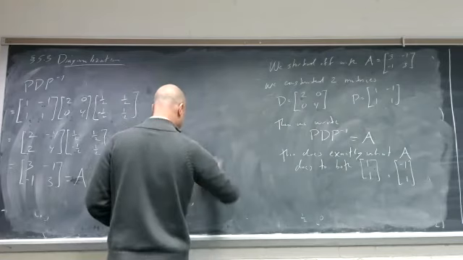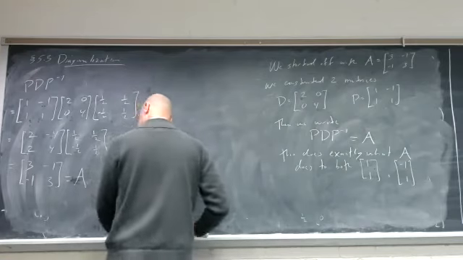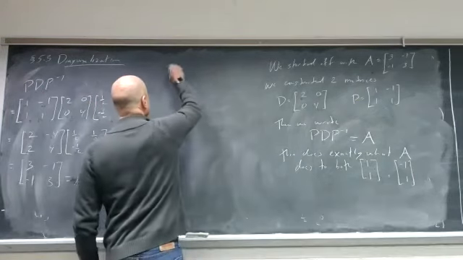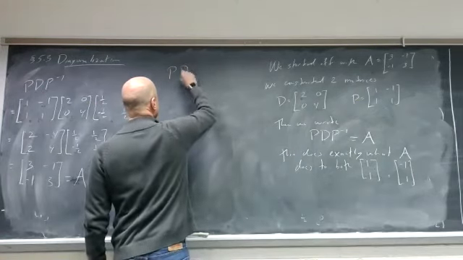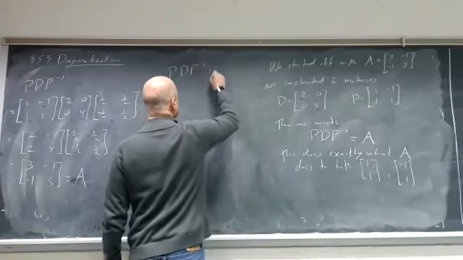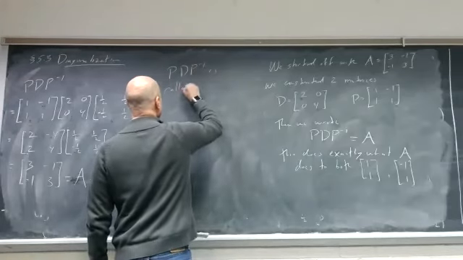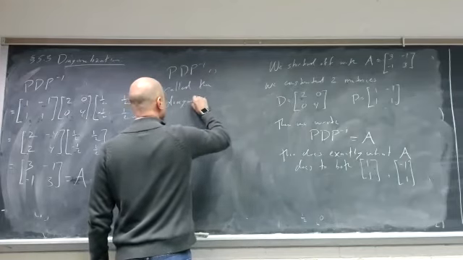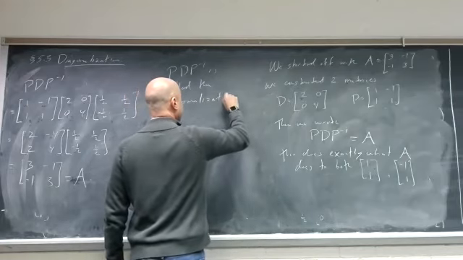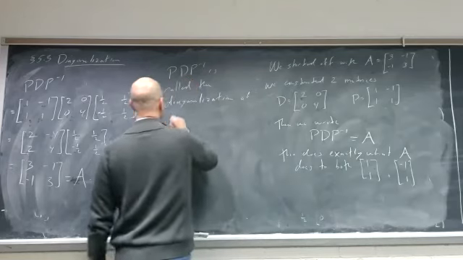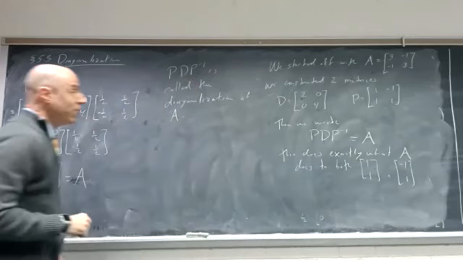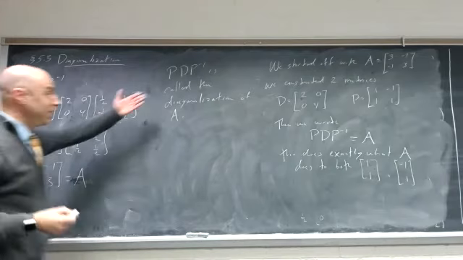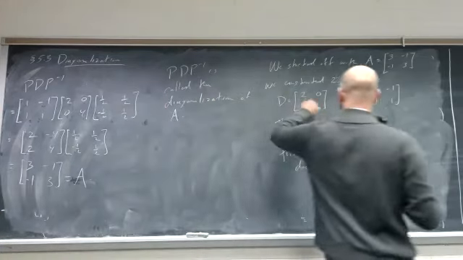PDP inverse is called the diagonalization of A. And you can read the eigenvalues of A from D. The eigenvalues of A are right here, 2 and 4.